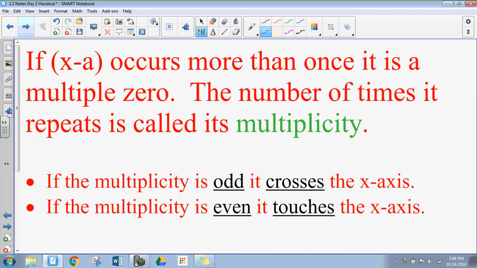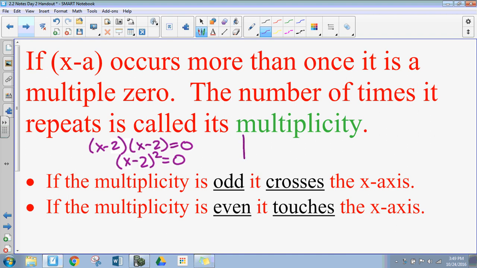Okay, this is something new that we haven't talked about yet, and that's called the multiplicity. So back when we were factoring before, we would get to a point where we would have like x minus 2 equals 0, or x minus 2 squared equals 0. And you would only get 1 0, okay?